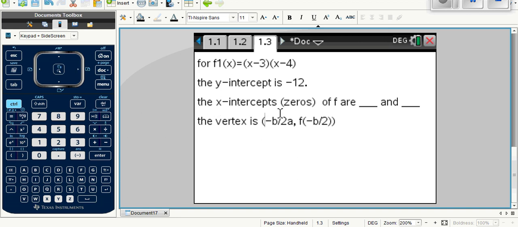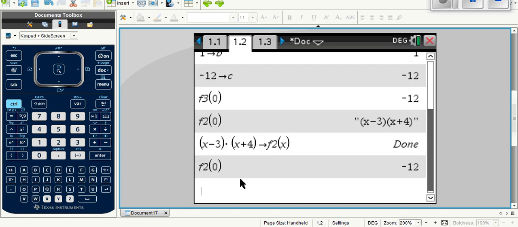Now the x-intercepts, you use the quadratic formula or the polynomial tool solver, and for the vertex, we use this idea here. And I forgot to put a, and this is in parentheses. Got to make sure that we divide by the whole thing. Okay, so going back here, I can do negative b divided by 2a.